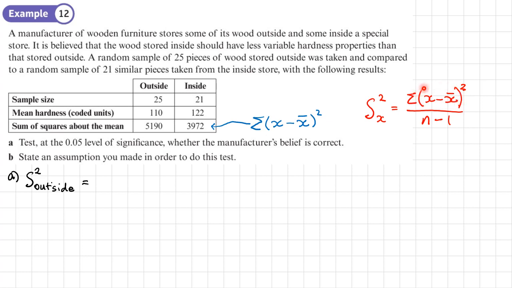but I have been given this total here. So for outside, that's going to be 5190 divided by n minus 1, 25 minus 1, or 24. And that's 216.25.